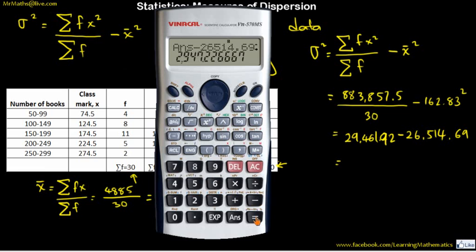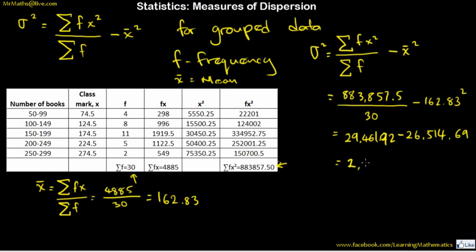So that is the answer: 2947.2. So that is the variance.